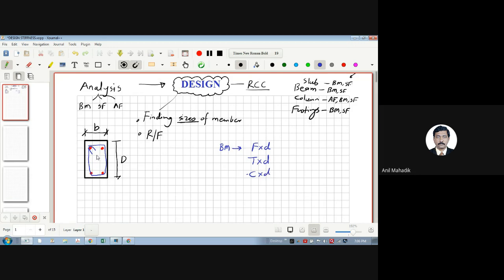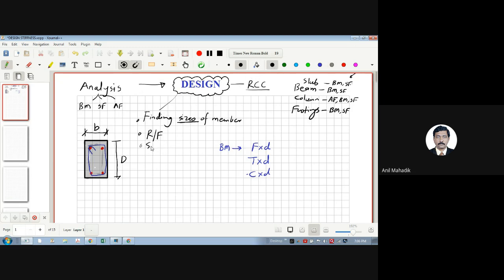So this RCC member comprises of materials. First we provide the steel, and then the concrete section is done. This material is concrete material. So whenever we design, we are deciding the sizes of the member, deciding the reinforcement, and deciding the material also.